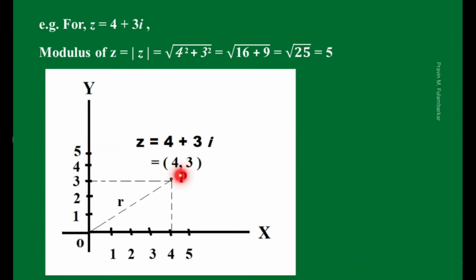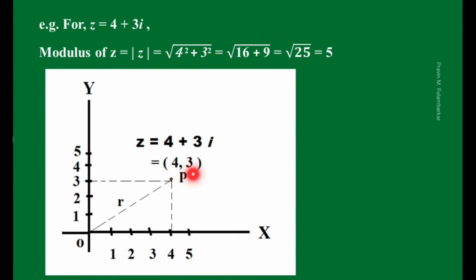Now see here, we consider z equals 4 plus 3i, and if we write it in coordinate form, 4 is the x coordinate and 3 is the y coordinate. So we represent this P as (4, 3).